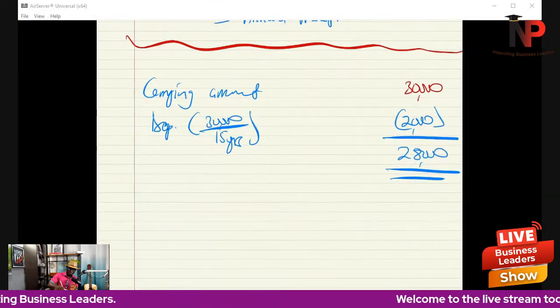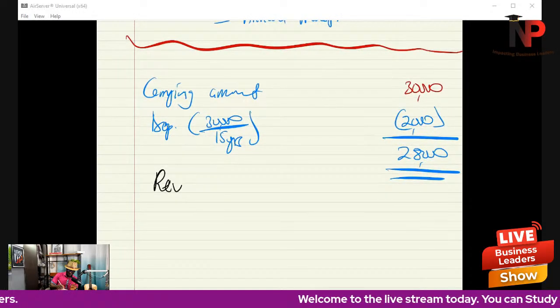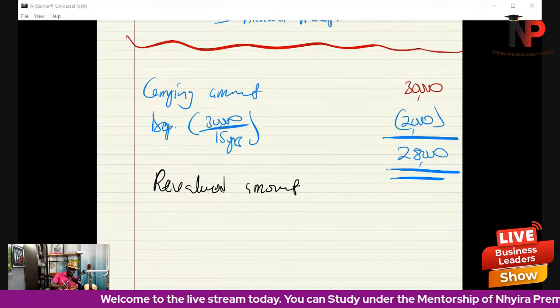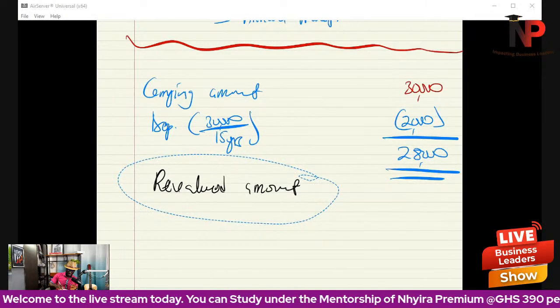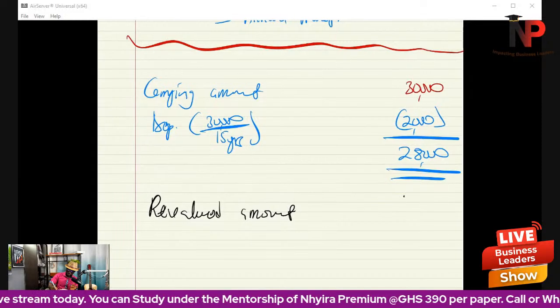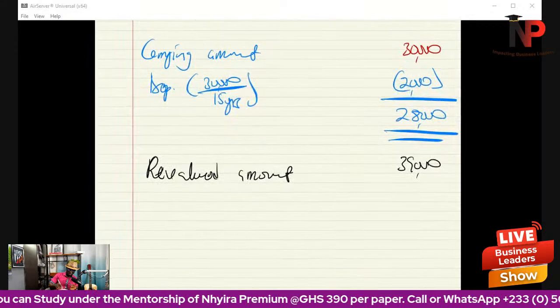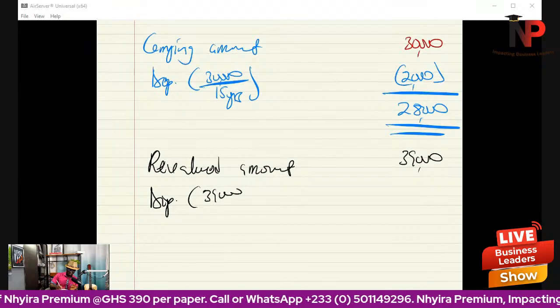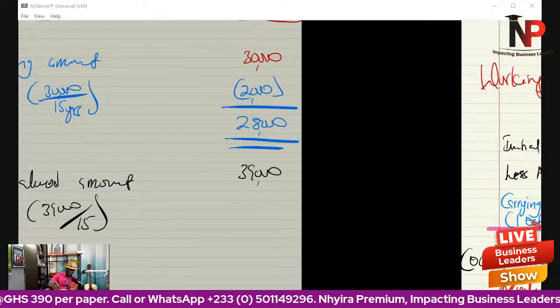But if we now use the revalued amount, because depreciation must be done on the revalued amount, the revalued amount is 39,000. And if you remember, we calculated depreciation on that 39,000 over 15, and we got 2,600.